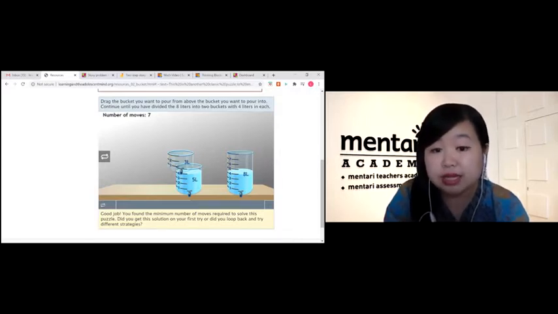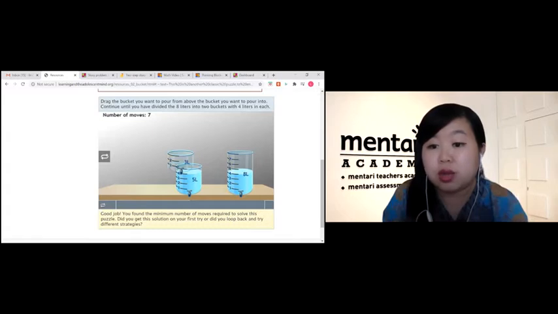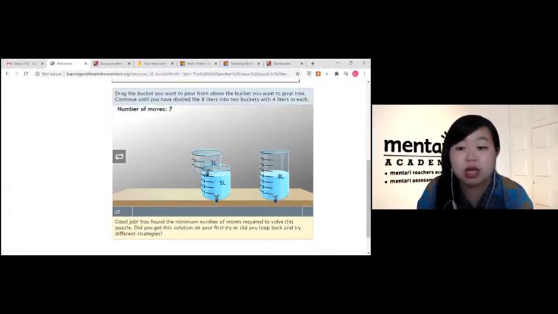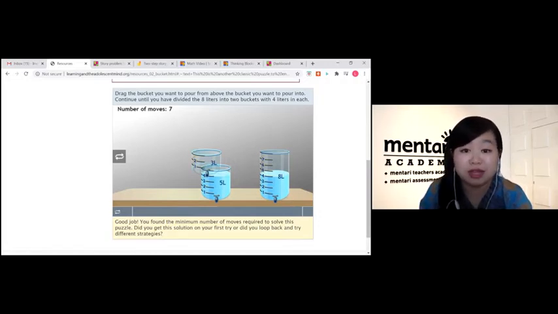The virtual buckets with water serve as a visual representation of the problem to help us think through how we can solve it by doing all of the different moves and keeping track of our moves. That's a lot like what we are going to do today. We're going to look into problems, and how we can best represent those problems and solve them effectively.